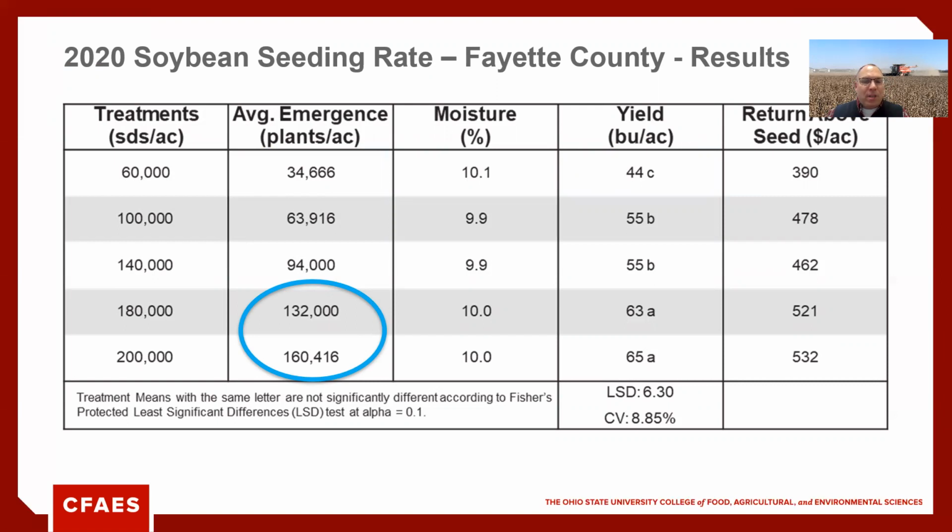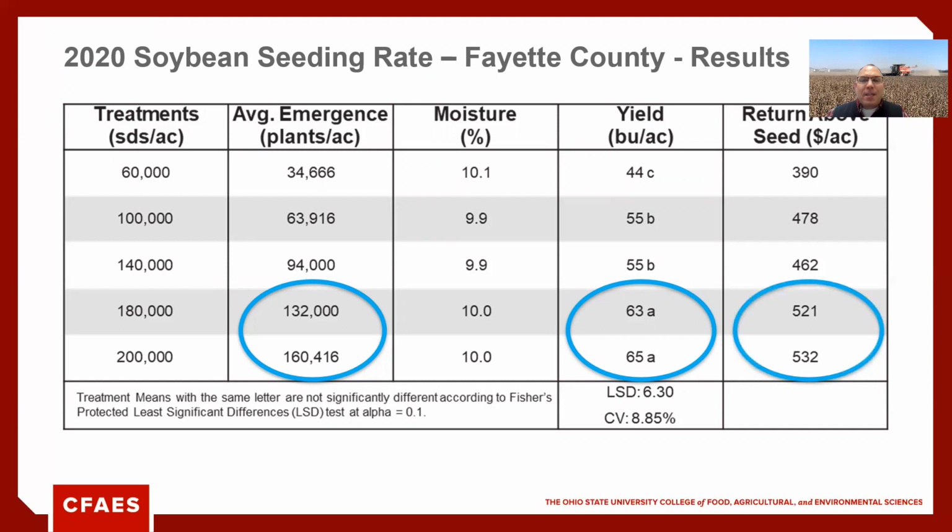So that's what we were dealing with. We ended up with results very similar to several of the other projects within the book. We ended up with average yields of 63 and 65 bushels per acre, which was above average in Fayette County for the fall of 2020.